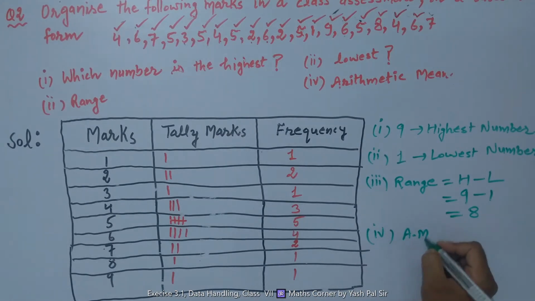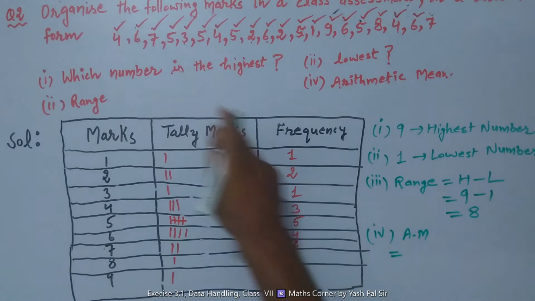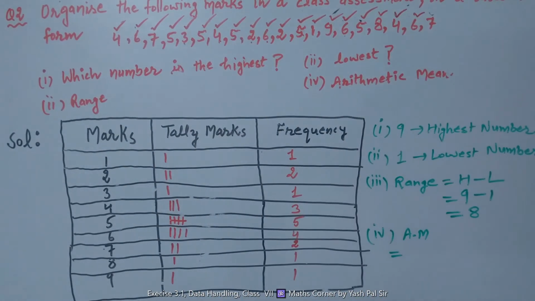Arithmetic mean means we add all these numbers.